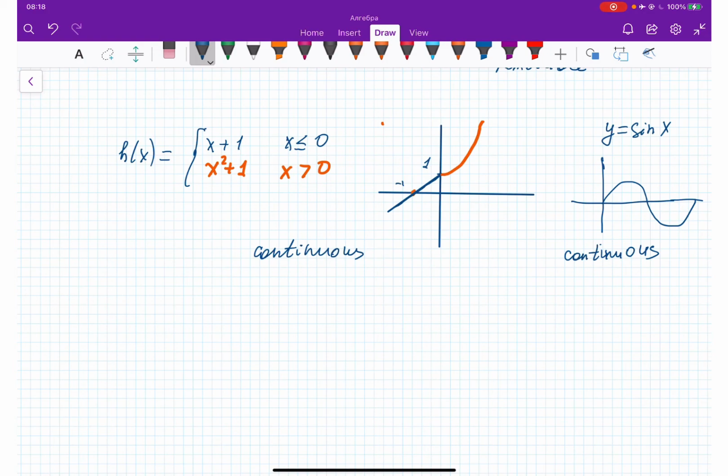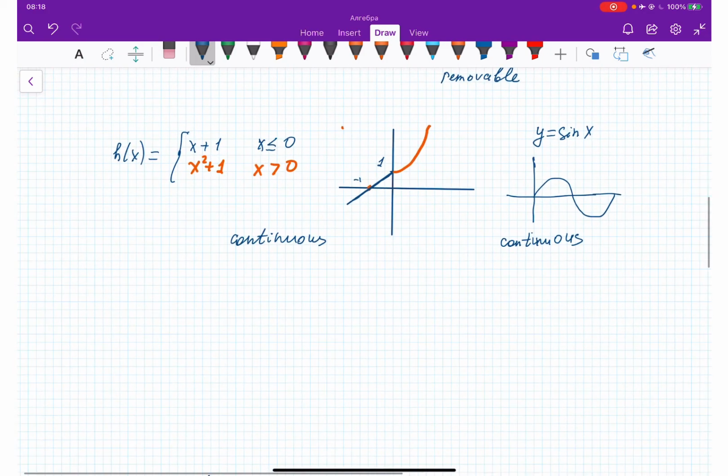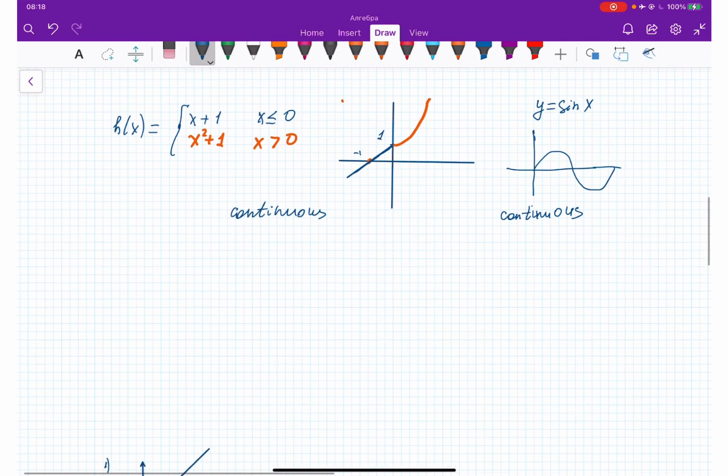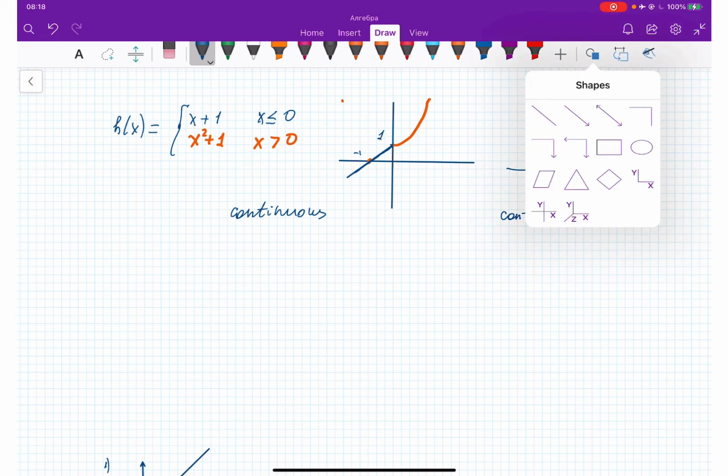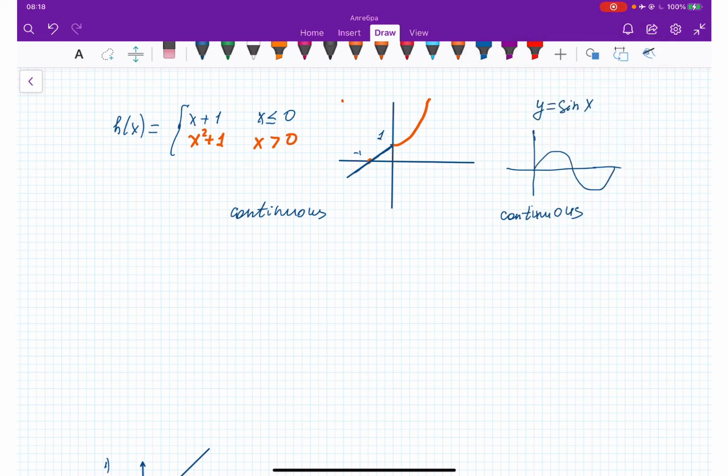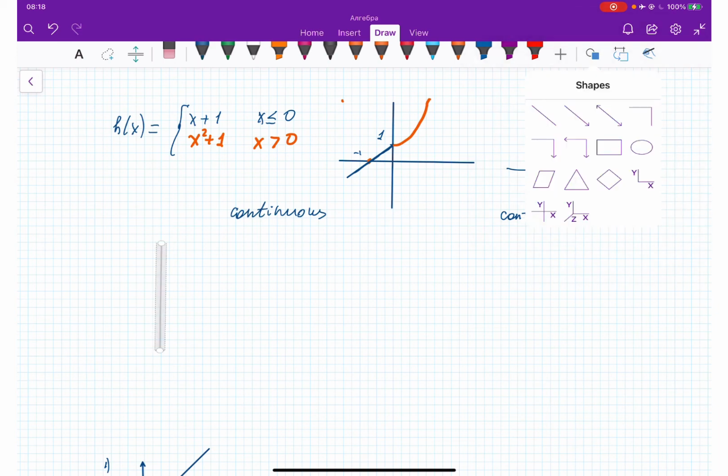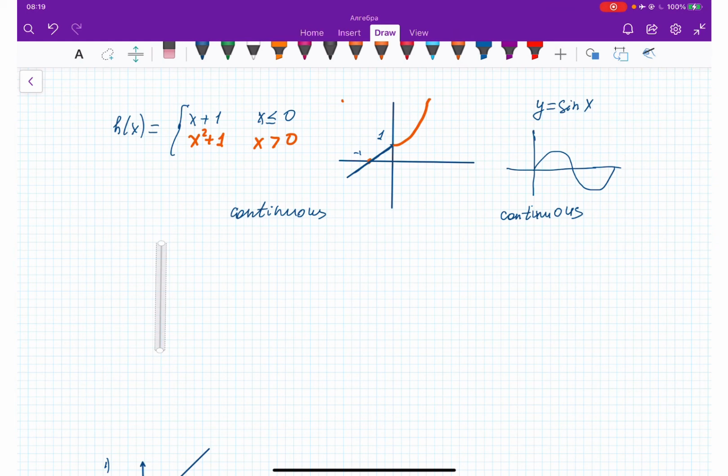So now let me explain also continuity on a closed interval, and then we move to examples. So we have closed interval, because here we don't have a hole, it's a solid circle, which means it's included on the graph.